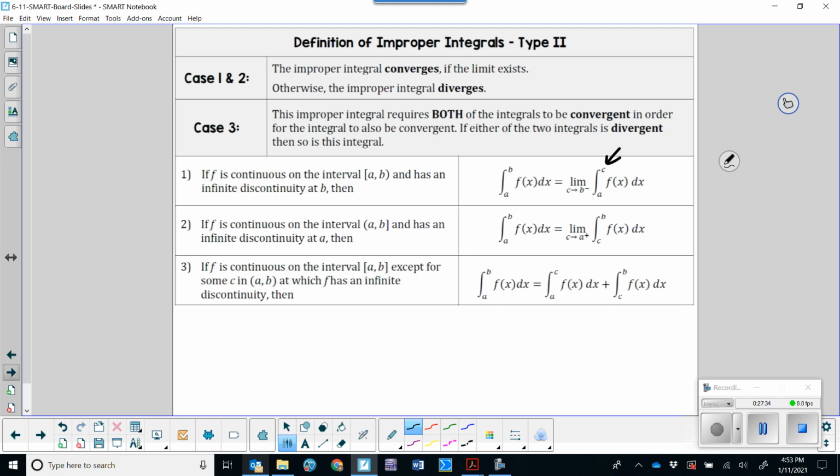If your discontinuity is on this side, C will approach that from the left. Here, this is from the left because A to B, you're on the left side of B. Here you're going from A to B, and A is the discontinuity, so it's on the other side. And then sometimes your discontinuity is in the middle, and so you'll split it, and then you just have to deal with each of those integrals the way they work.